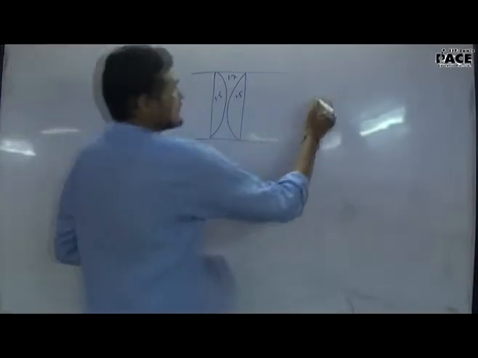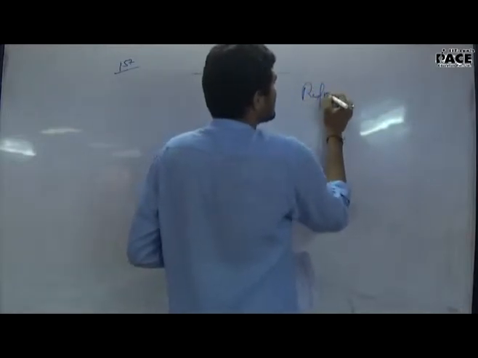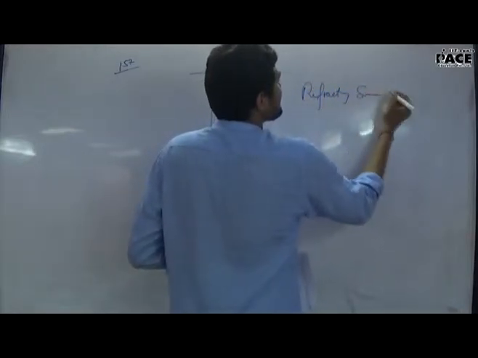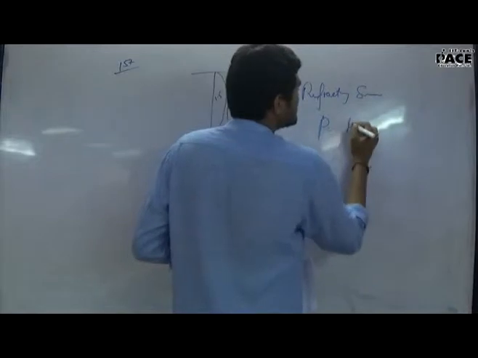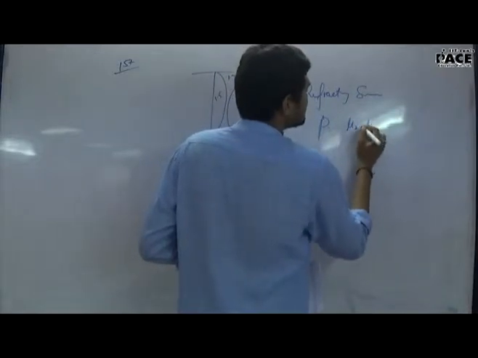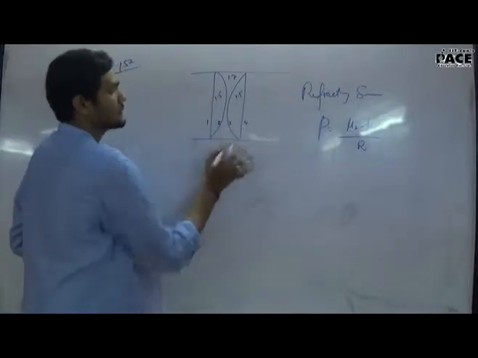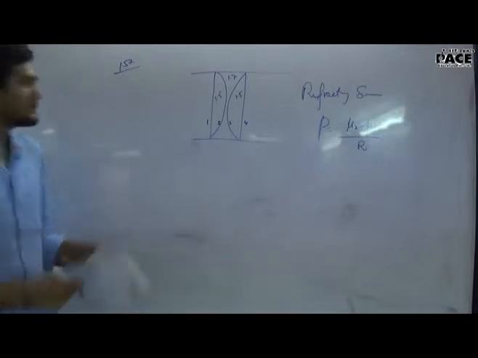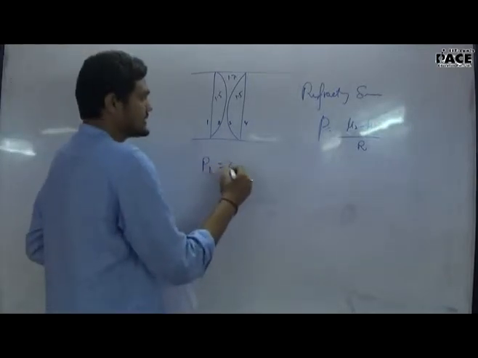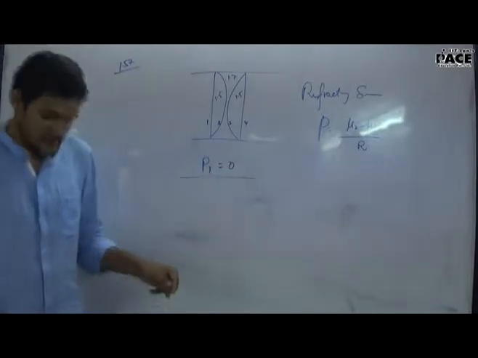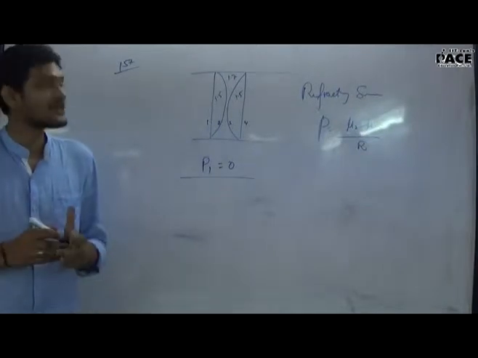So as we know, for a refracting surface, power is equal to mu2 minus mu1 upon radius. So let's call the surfaces 1, 2, 3, 4. We have 4 surfaces. First, power P1 is 0 because the radius of this surface is infinity.